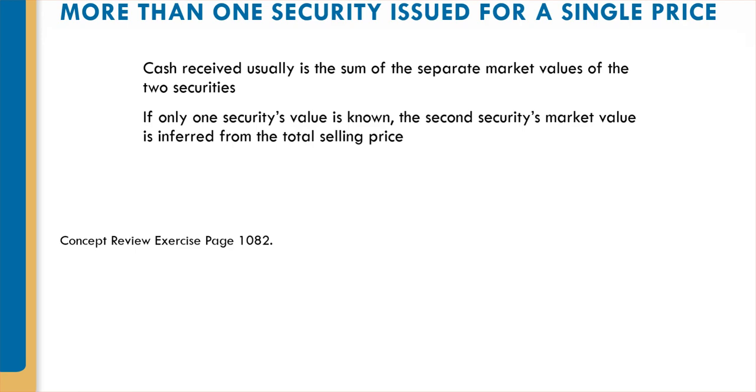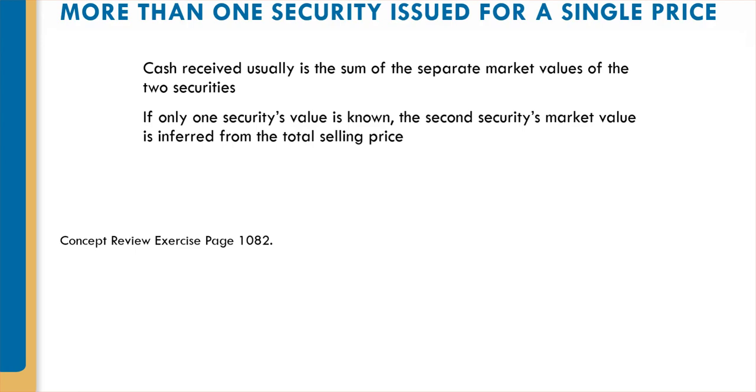Well, if you have a market for both of those, you would allocate according to the fair value of both, common stock and preferred stock. So you go out and look at the market value, assuming they're both being traded, and then you allocate. It's similar to what you would do if you have land and a building bought together. You look at fair values and you allocate.